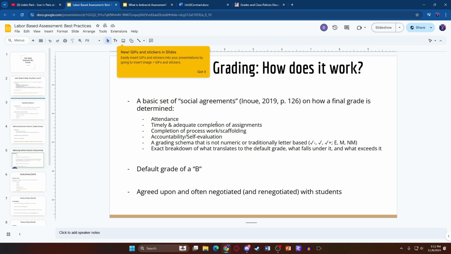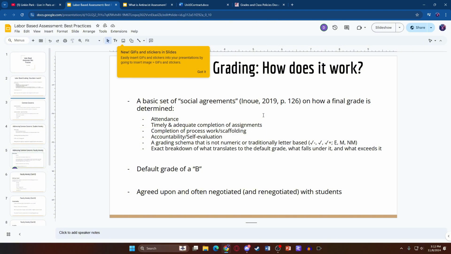So again, I do want to address a set of basic best practices, the nuts and bolts of what goes into creating a labor-based system of grading in your class, or at the very least, a labor-based grading contract. As we understand them, this is by no means a novel idea or something that started fairly recently.